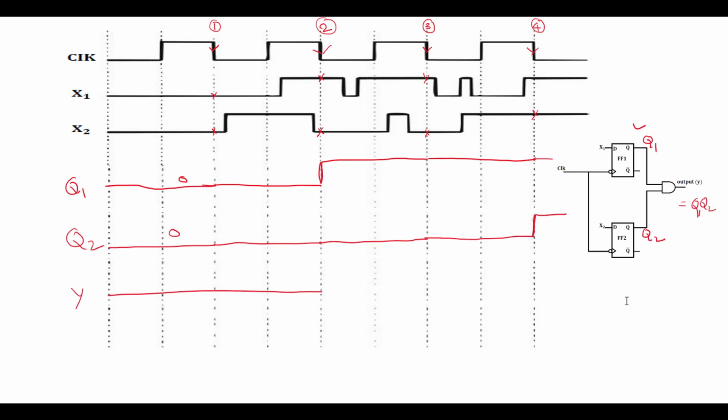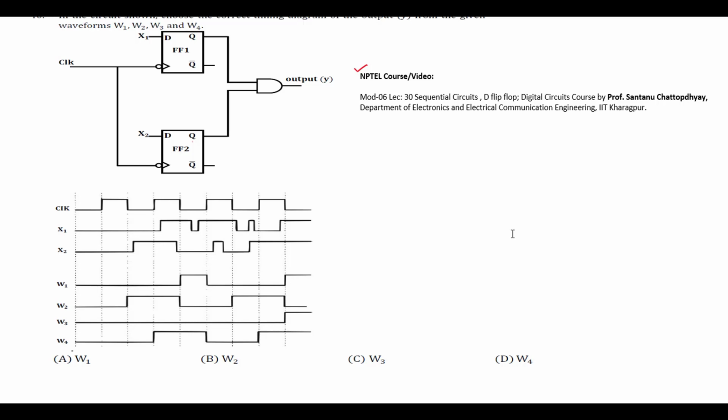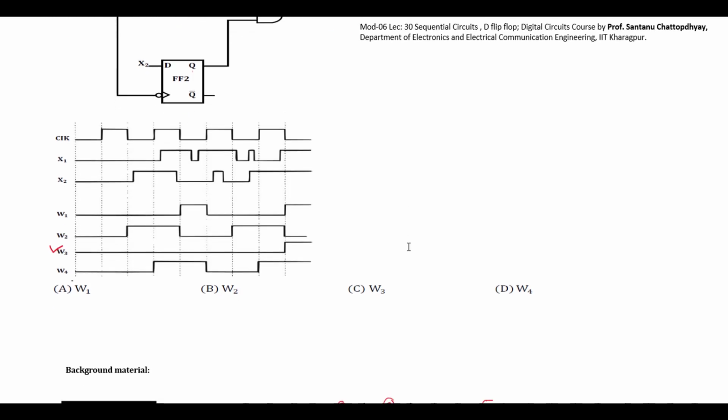Here 1 and here logic 0, so it is logic 0. Here both are 1, so the output will be logic 1. This output corresponds to W3. So the correct option is C.